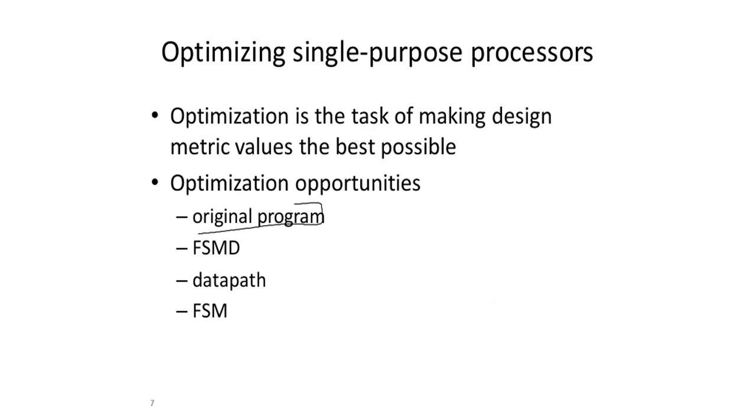You can either modify the original program, so you write a new set of code which needs fewer states and fewer functional units, or you can optimize the FSMD, finite state machine with data path, or you can only optimize the data path, or you can only optimize the finite state machine.